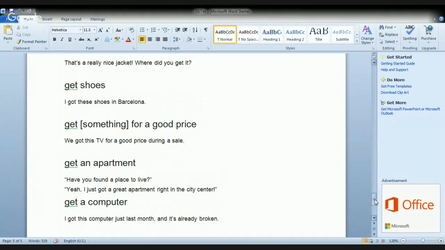I have to make it clear as well, Rebecca. When you say I get on the train, it means that you are entering the train, or what? Yes. So for example, I got on the train yesterday at 5 o'clock.